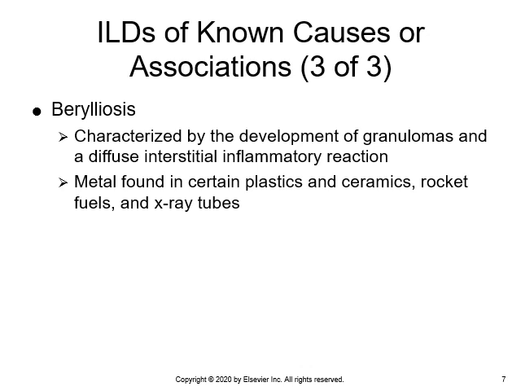Acute inhalation of beryllium fumes or particles may cause a toxic or allergic pneumonitis, sometimes accompanied by rhinitis, pharyngitis, and tracheobronchitis. A more complex form of berylliosis is characterized by the development of granulomas and diffuse interstitial inflammatory reaction.